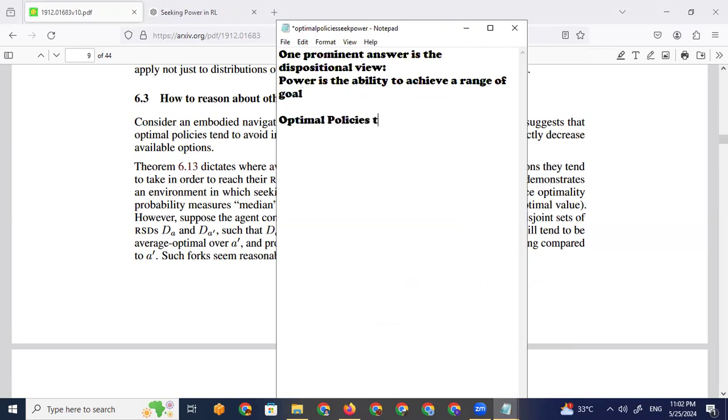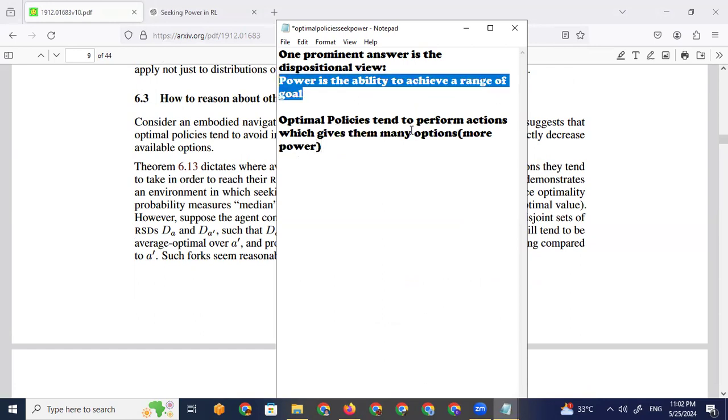Optimal policies tend to pick actions that give them more options, aka more power.